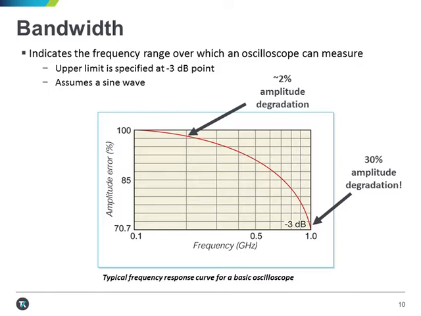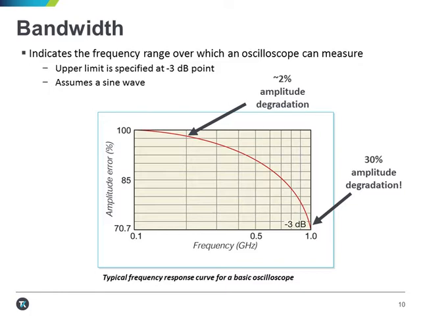What you see here in the slide is a typical log-log frequency response plot for a 1 gigahertz oscilloscope, including the characteristic roll-off and specified -3 dB point. One of the things you'll notice right away is that at the bandwidth spec, the scope can be roughly 30% low.